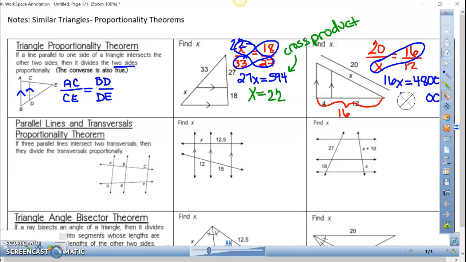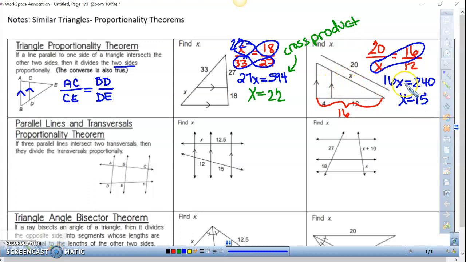Sorry, that's not reasonable. Let me redo that. I had too many things going on in my phone calculator. So 20 times 12 is going to give me 240, and then I'm going to divide that by 16, and okay, thank you, that is much more reasonable.